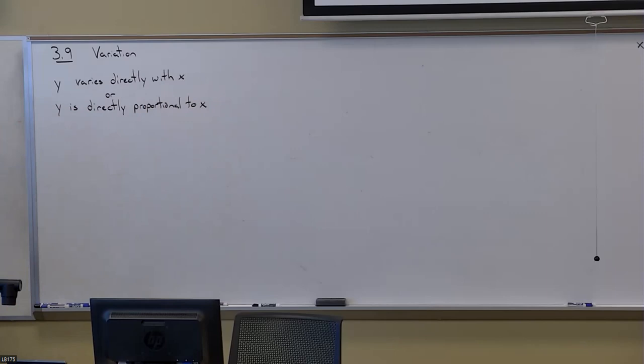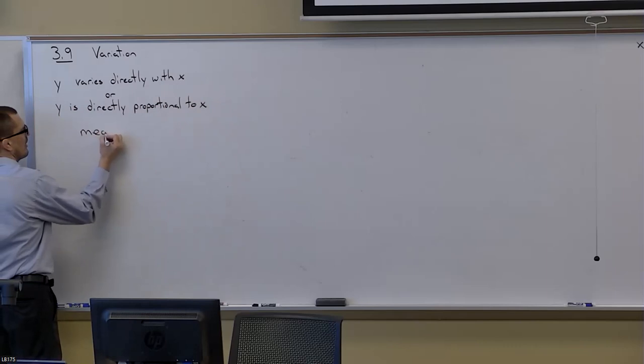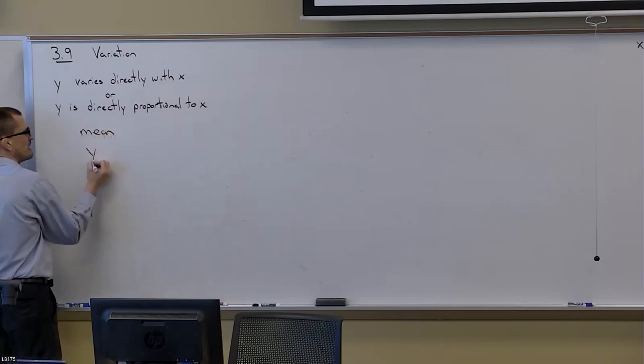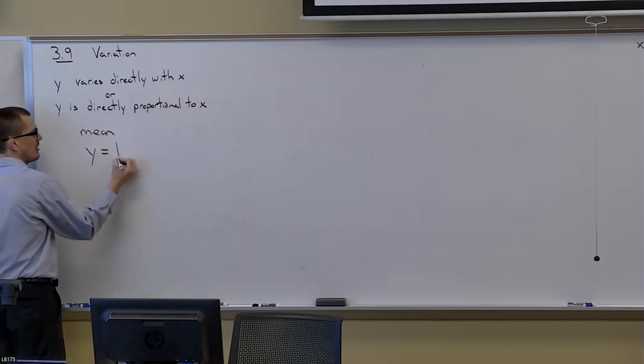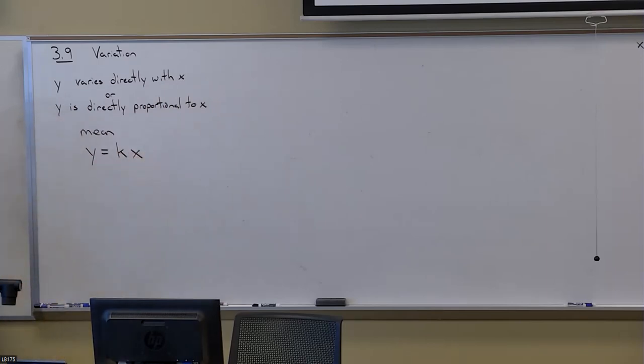So these 2 phrases, and there's probably others that are similar. Y varies directly with X, or Y is directly proportional to X. Both mean that there's some equation Y equals K times X, where K is just a real number.